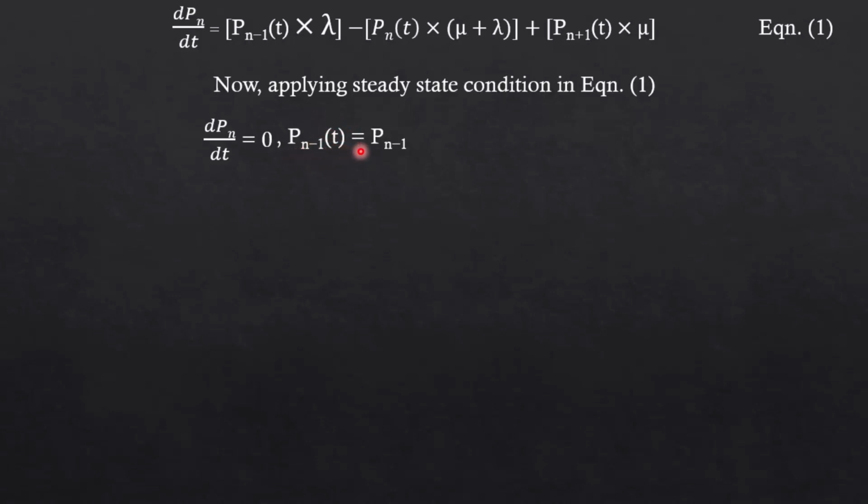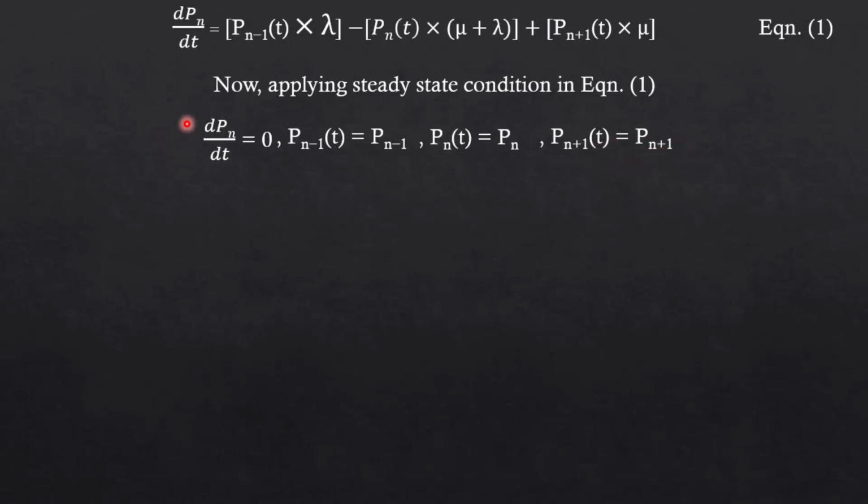Similarly, the probability of n customers at time t can be written simply as Pn, and the probability of n plus 1 customers in time t can be written simply as the probability of n plus 1 customers.